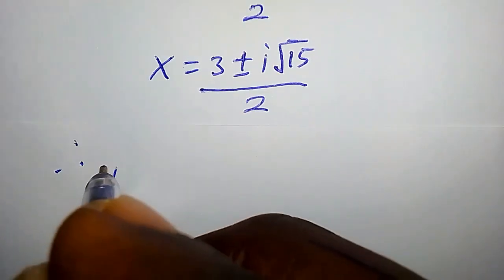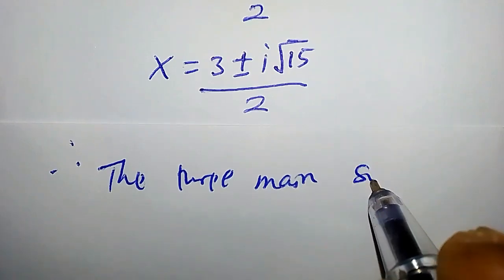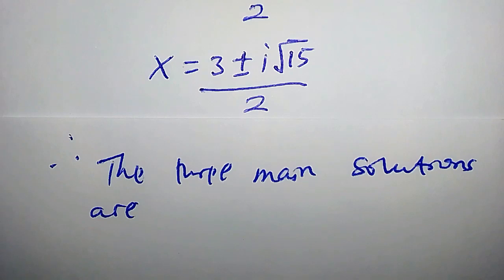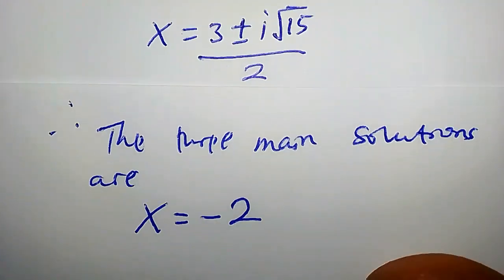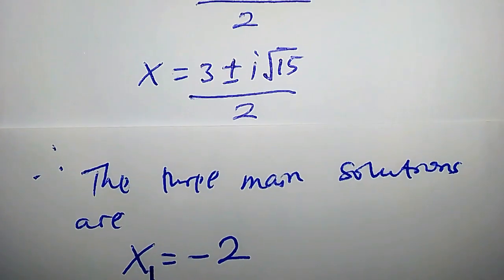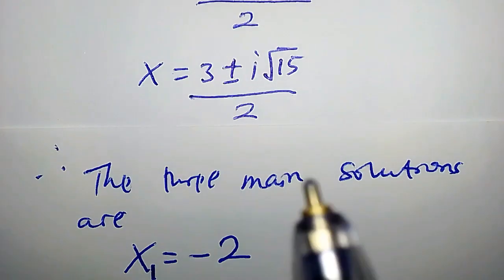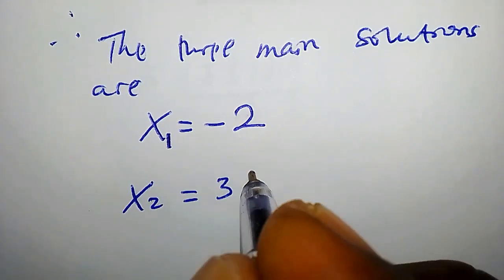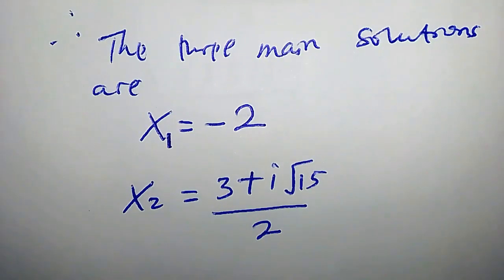Therefore, the three main solutions are: the first solution is x equal to minus 2. We can call it x1. And the second solution, we can easily obtain from this by just considering the positive sign. So that will be x2 equal to 3 plus i times the square root of 15 over 2.